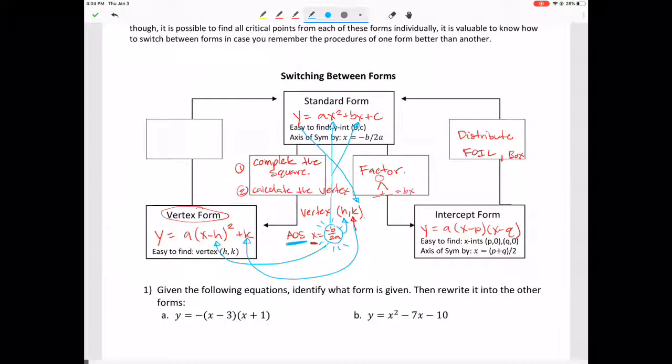Either way, you may need to go back and listen to that again. I know it's a little confusing, but those are two valid ways to come up with the vertex and get the vertex form. Okay, if you have it in vertex form and you need to get it into standard form, we just distribute.